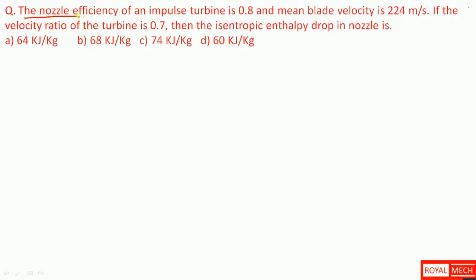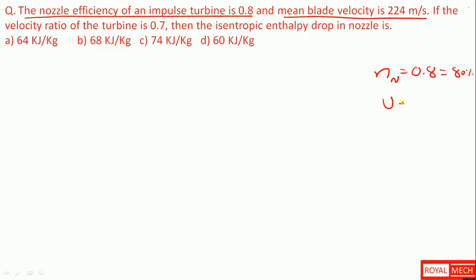The nozzle efficiency of an impulse turbine is 0.8. They have given nozzle efficiency equal to 0.8, that is 80%. And the mean blade velocity is 224 meter per second, blade velocity U equal to 224 meter per second.